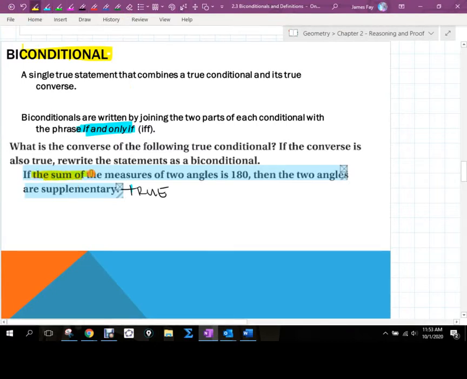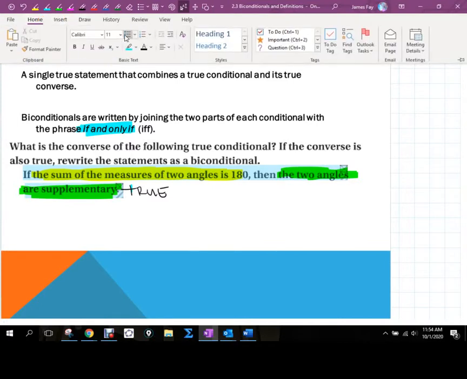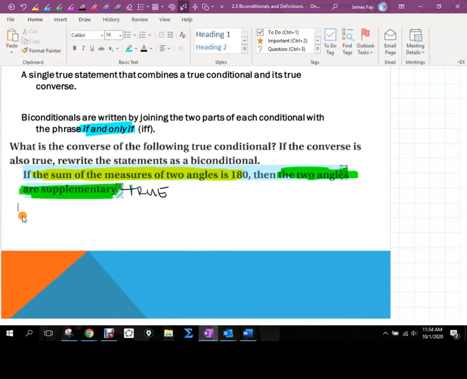You remember this part here being called the hypothesis. Okay? And this green part is called the conclusion. Do you remember what we do with those two things to create the converse? We switch them, right? We flip them, okay? So change their positions.